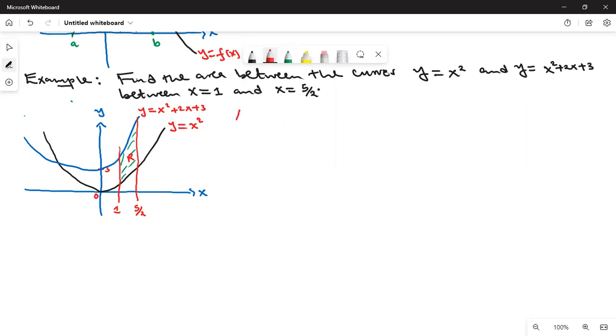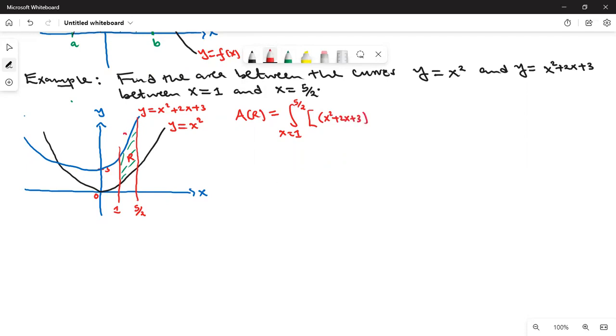So how do you find the area of the region R? You integrate from x equals 1 to 5 over 2. Now subtract the lower curve from the upper one. The upper one is x squared plus 2x plus 3.